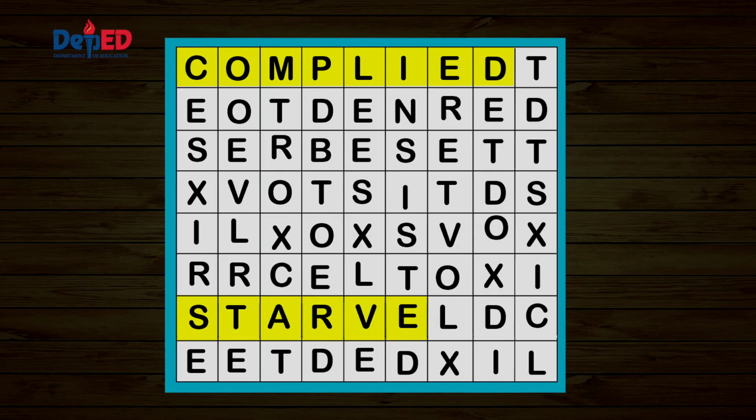Next, can you spot the word insisted? Good job! You're really good at this. And lastly, let's look for the word beset. All right! You spotted it! Well done!